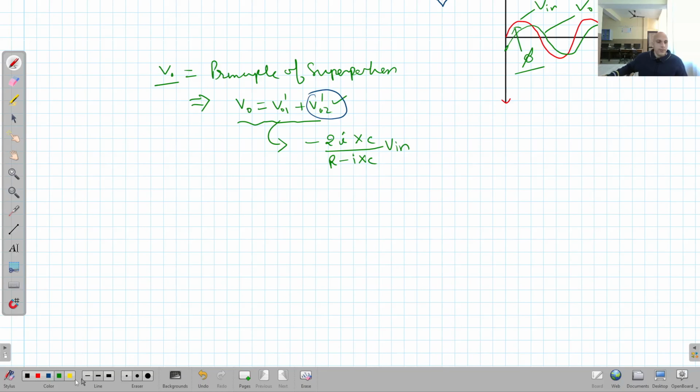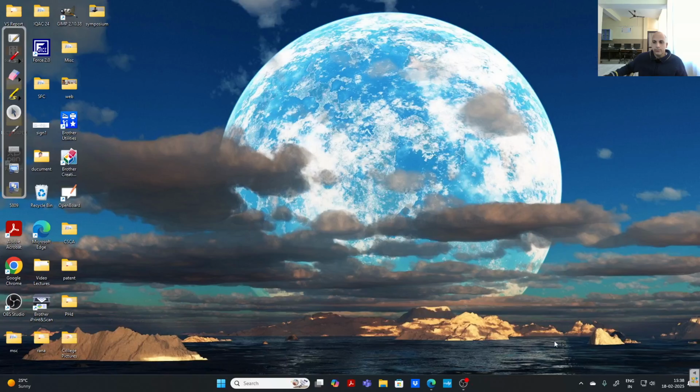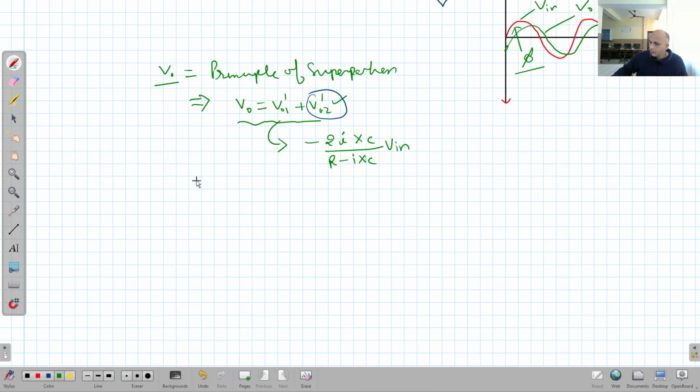You will get V output is equal to minus 2 iota XC upon R minus iota XC V in.